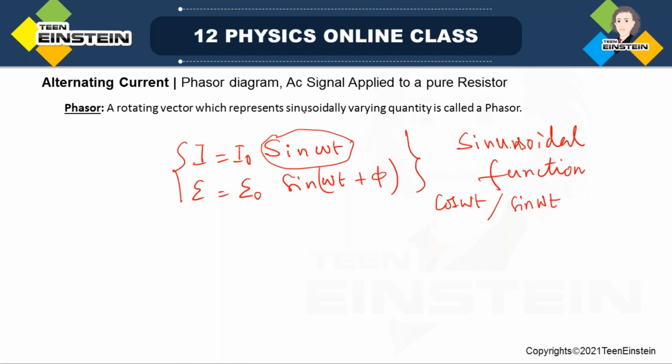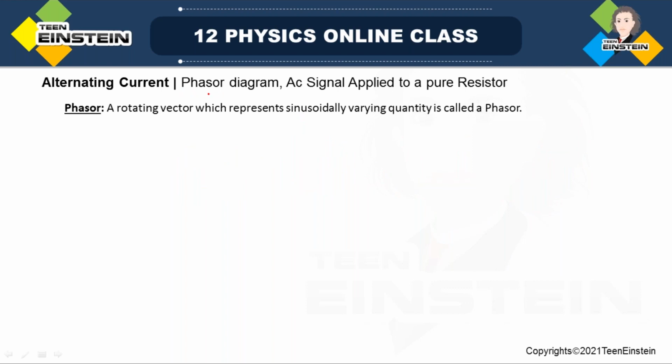Anyway, today's topic is what is phasor diagram, and if we apply AC signal to a pure resistor or purely resistive circuit, how current and voltage are related to each other in terms of phase, and how their magnitude varies, etc. in AC.